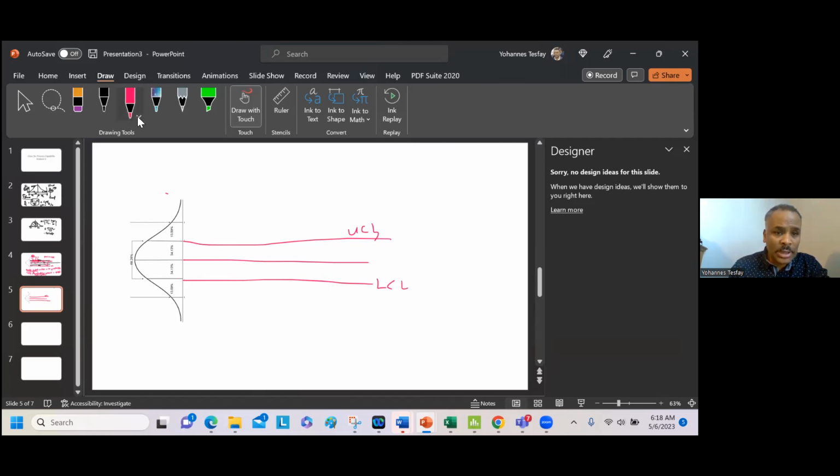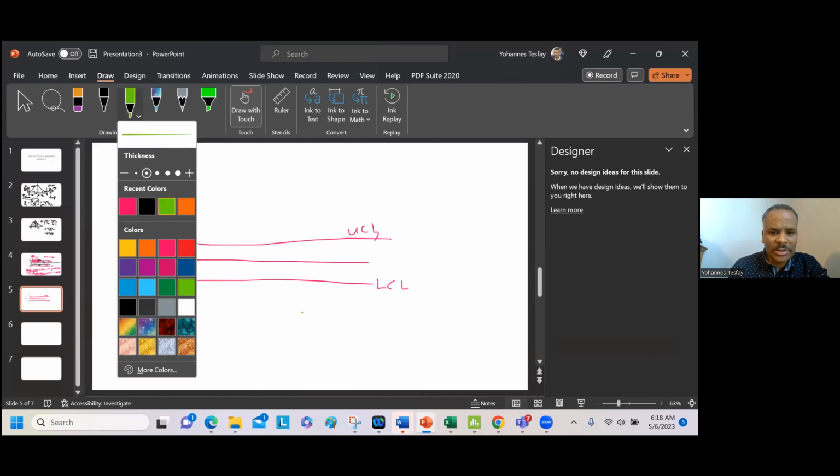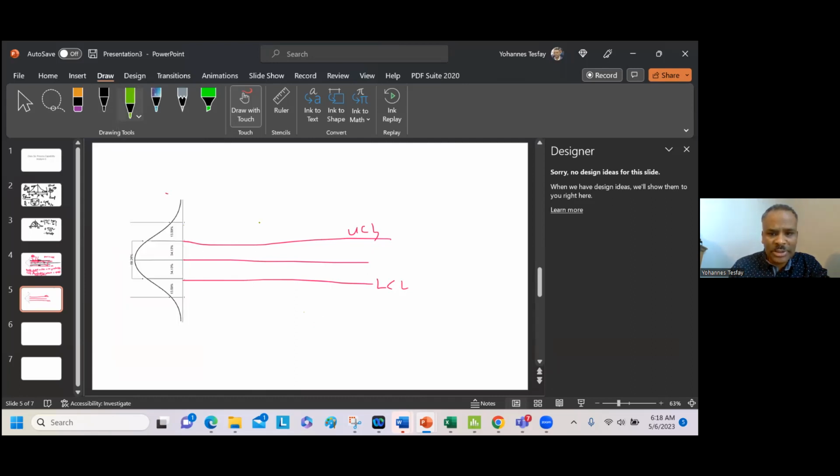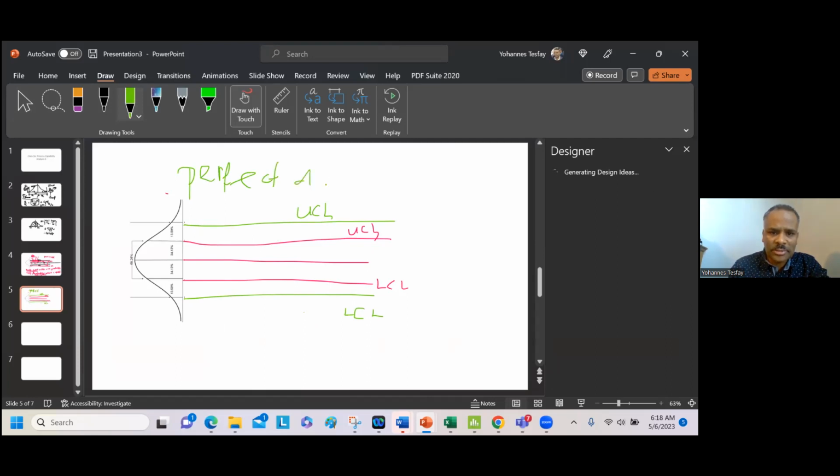And now, if my upper control limit is somewhere here, and this is my lower control limit, and this is perfect design and perfect process capability.